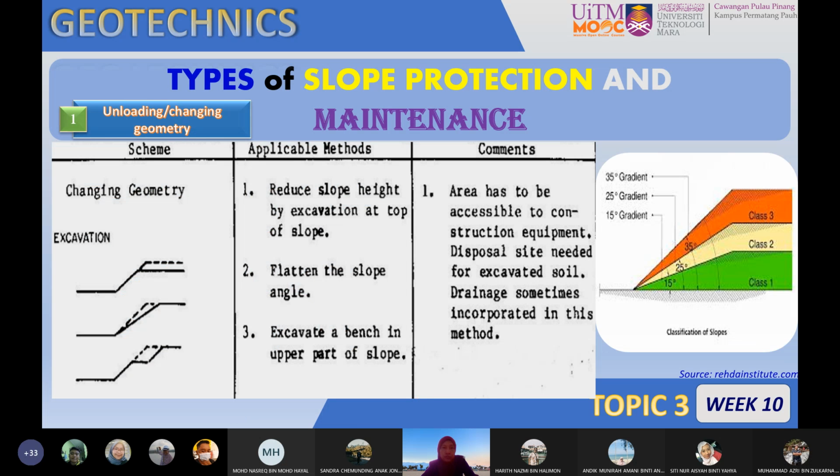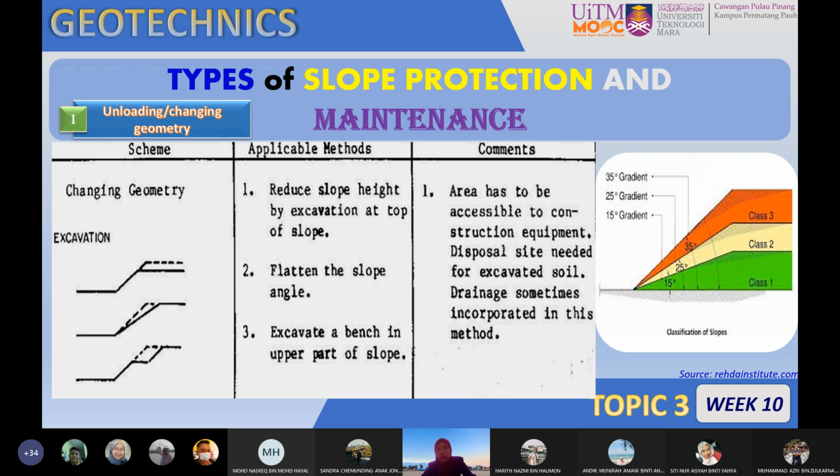Okay, next, the first method: unloading and changing the geometry. It is very low cost and very simple. You just need to excavate using some sort of backhoe, and then we can perform it in three ways, such as reducing the slope height by excavation at the top of the slope, flattening the slope angle, and the last one is excavating a bench in the upper part of the slope.